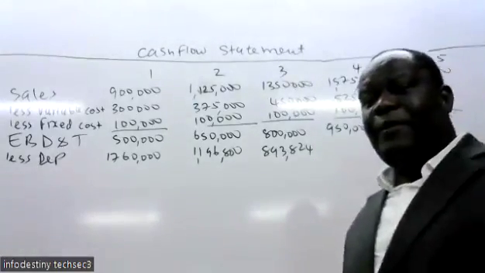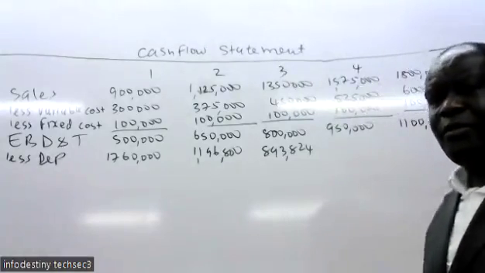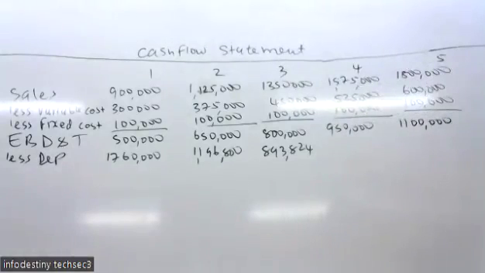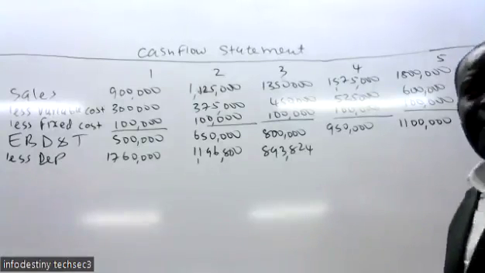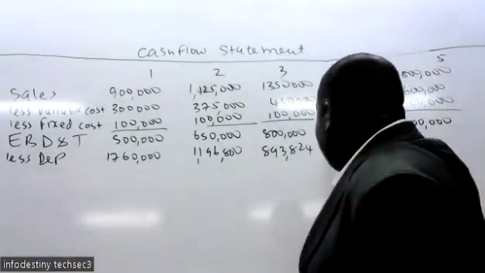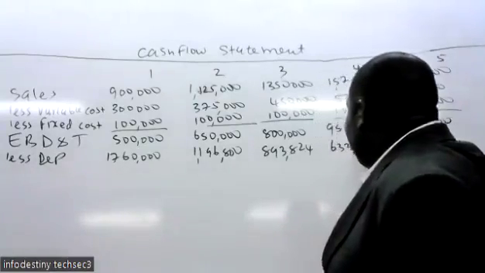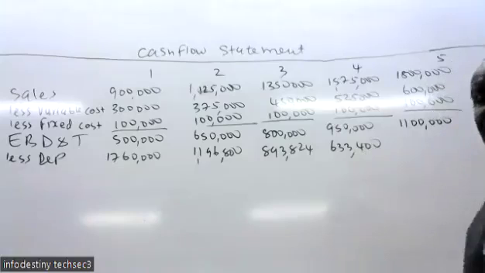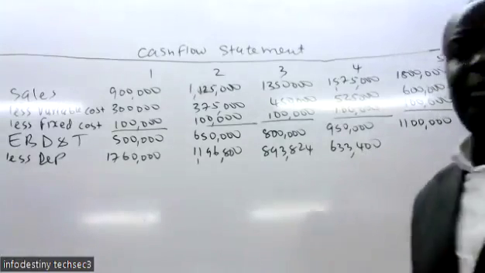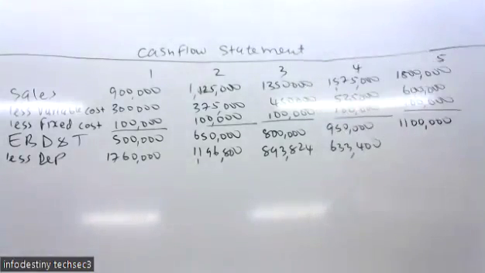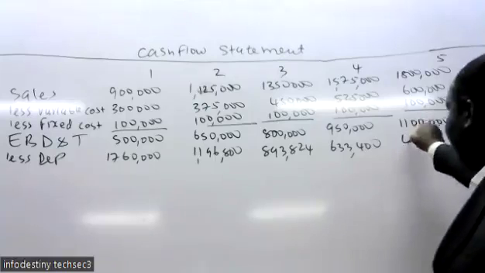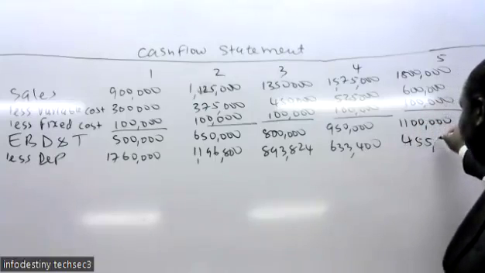So confirm to me the one for year four, after adding the one for the overhaul: 633,400. Also the one for year five, you take depreciation on machine plus the overhaul: 455,976.